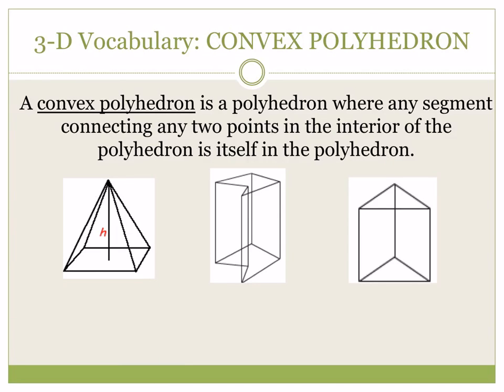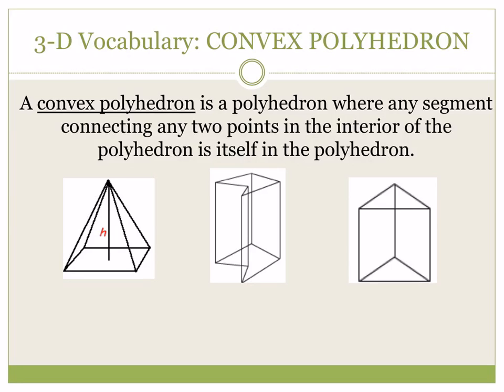All right, some more vocabulary. Convex polyhedron. Just like convex shapes in 2 dimensions have the ability to stay completely and entirely inside of the shape, a convex polyhedron is a polyhedron where the segment connecting any 2 points is in the interior of the polyhedron itself. So the first one would be convex, but the second one wouldn't, right?